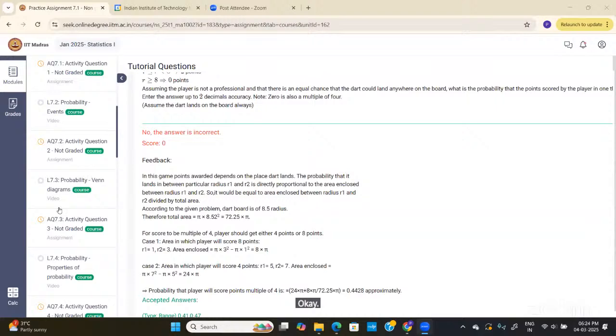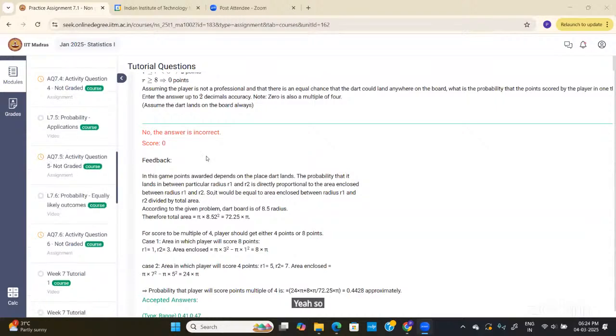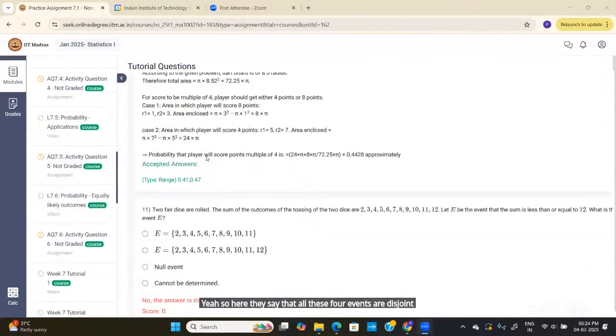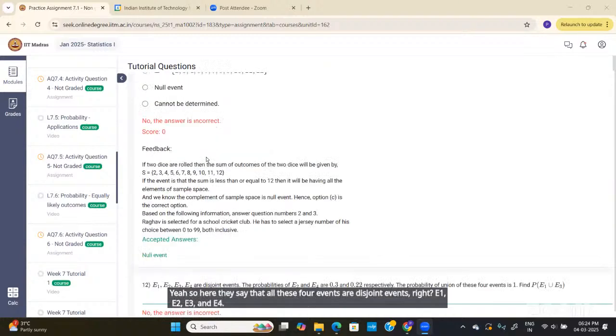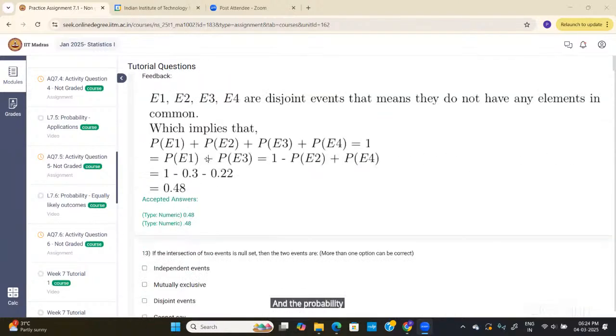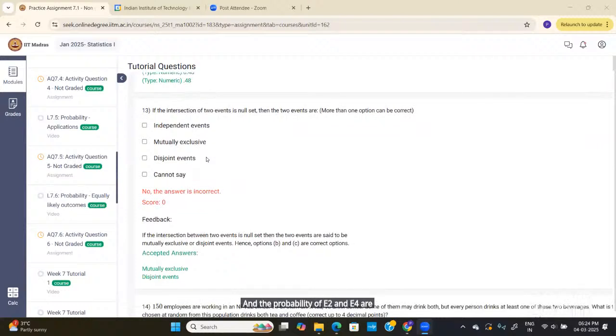I have just a point of doubt in question number 12 of the same practice question, assignment 7.1. Here they say that all these four events, E1, E2, E3, and E4, are disjoint, and the probabilities of E2 and E4 are given.